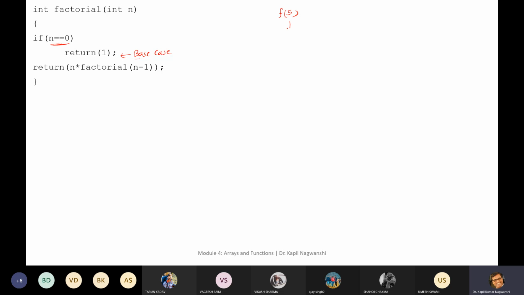If this value is not there, then it will call two different terms. First is 5 multiplied by factorial 4. Because this is not a base case, it will call 4 multiplied by factorial 3.